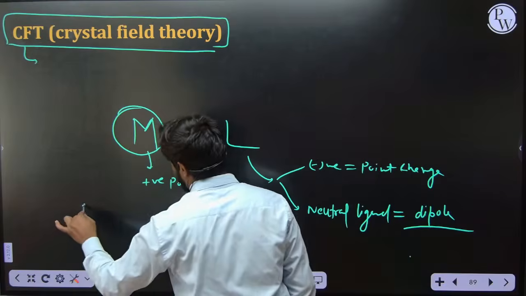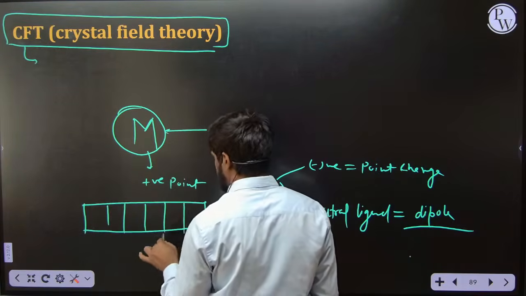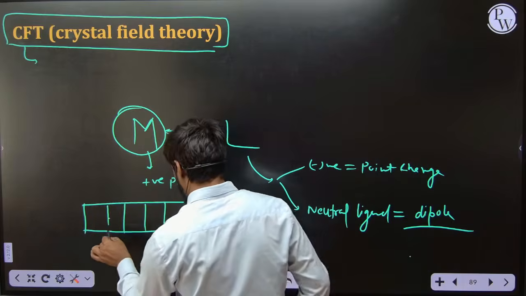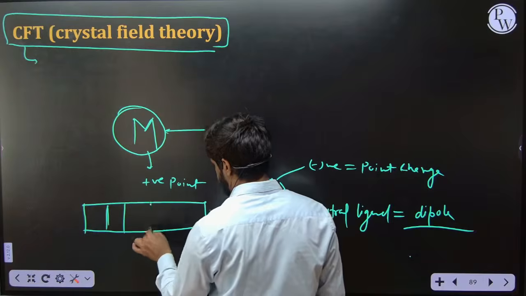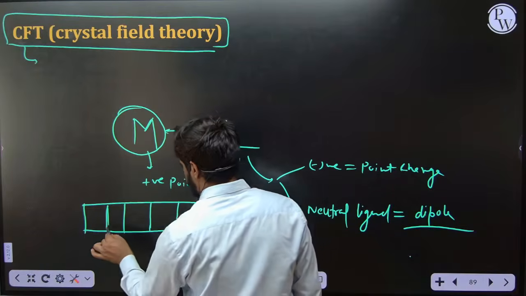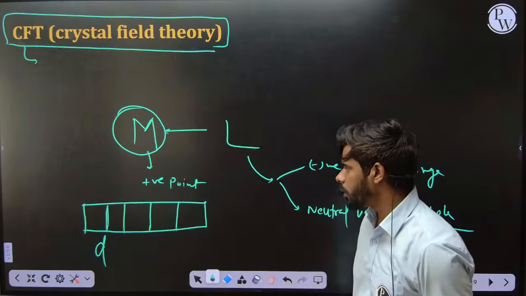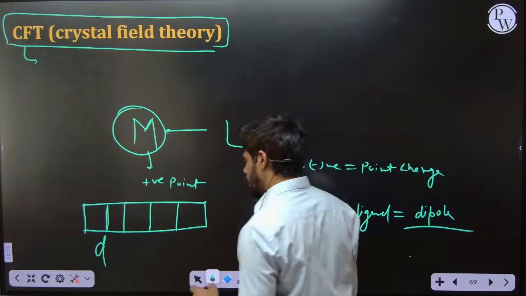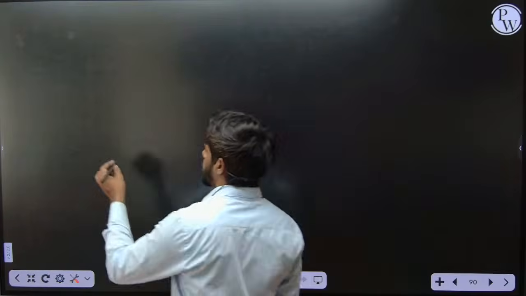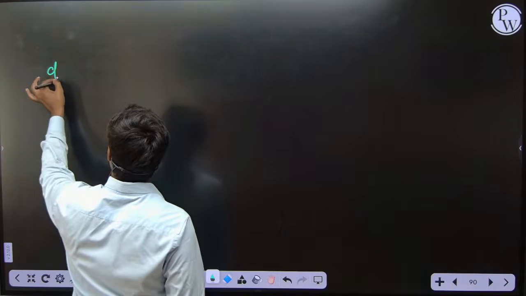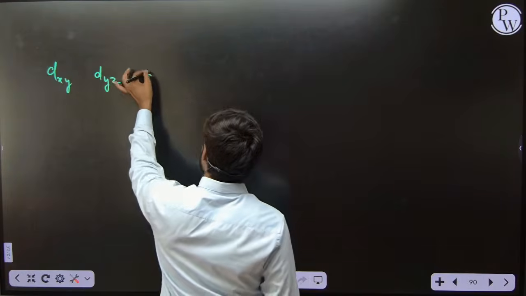Basically these are degenerate orbitals. So these are d orbitals, and we have 5 types of d orbitals for the d subshell. So how many orbitals are there? That is dxy, dyz, dzx.